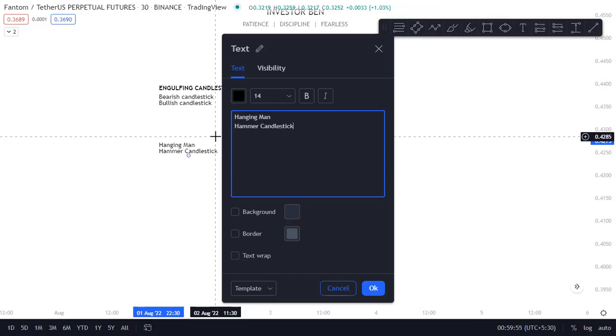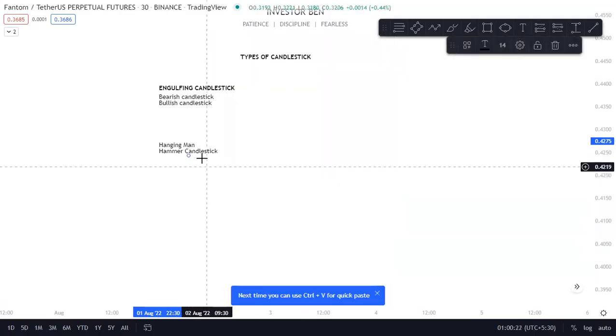Yeah, so these are the ones I'll be picking. So let me add another one, the pin bar, right? But it actually looks like one of them. Let's stop here.